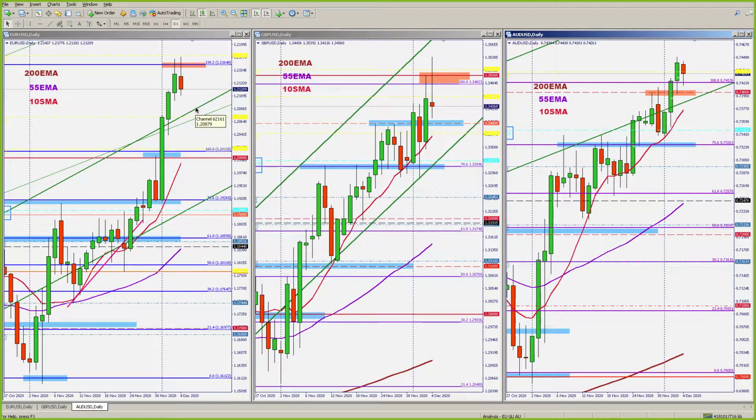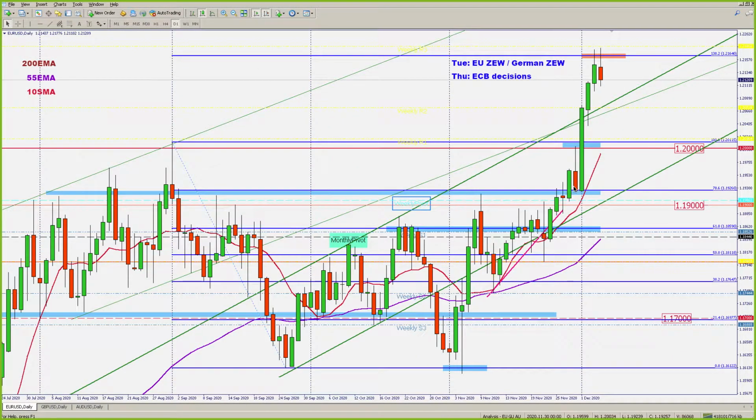And let's begin with the Euro, where you can see that it has made a bullish breakout above the 120 after initially testing and pulling back on the Monday.